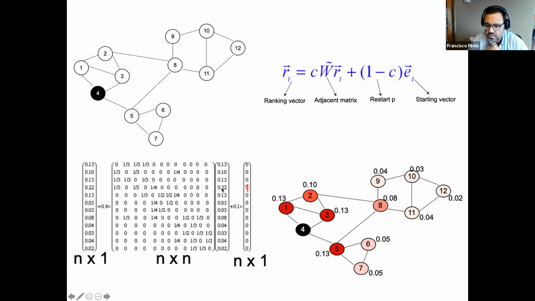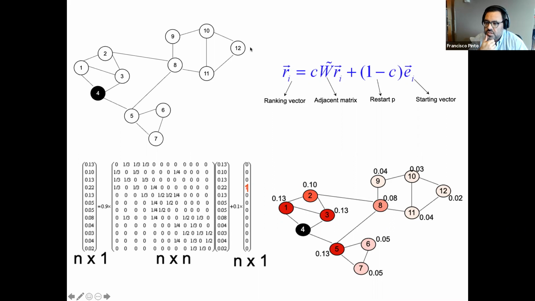So this is a process. If you multiply a vector with the probability distribution of the position of the walker at one time step by this matrix, you will get a vector that is the distribution of the probability of the walker position in the next time step.